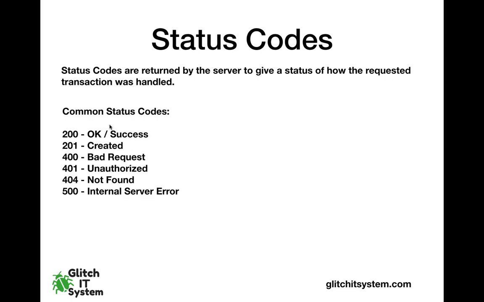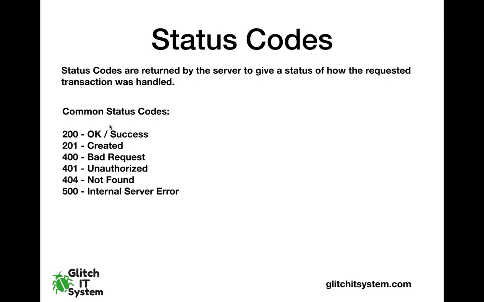For example, the API server is expecting a number, but you sent a letter instead. So you're going to get a 400 bad request, most likely, from the API server, because it knows to look for that, and you sent something that it didn't want, so it's going to tell you no, basically.